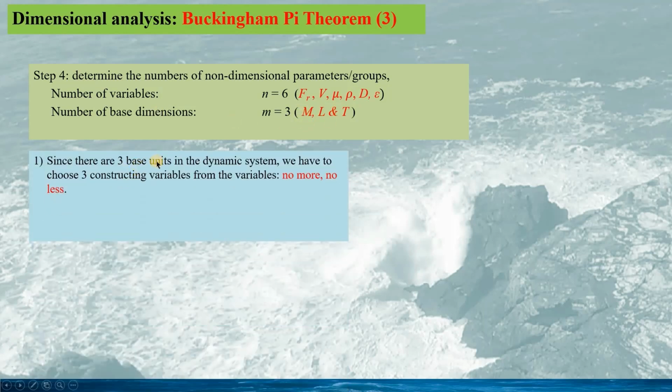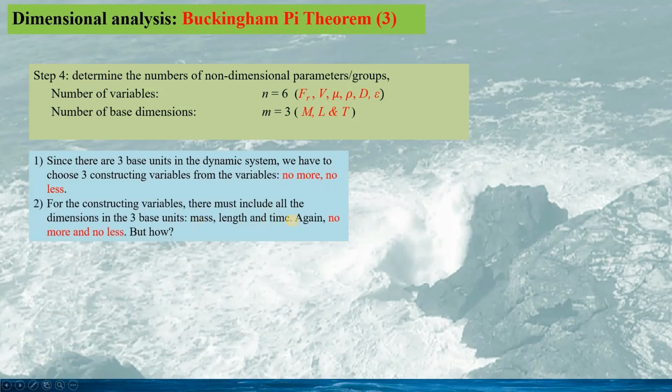Since we have 3 base units in the dynamic system, we have to choose 3 constructing variables from the total variables. And the number is only 3, no more, no less.